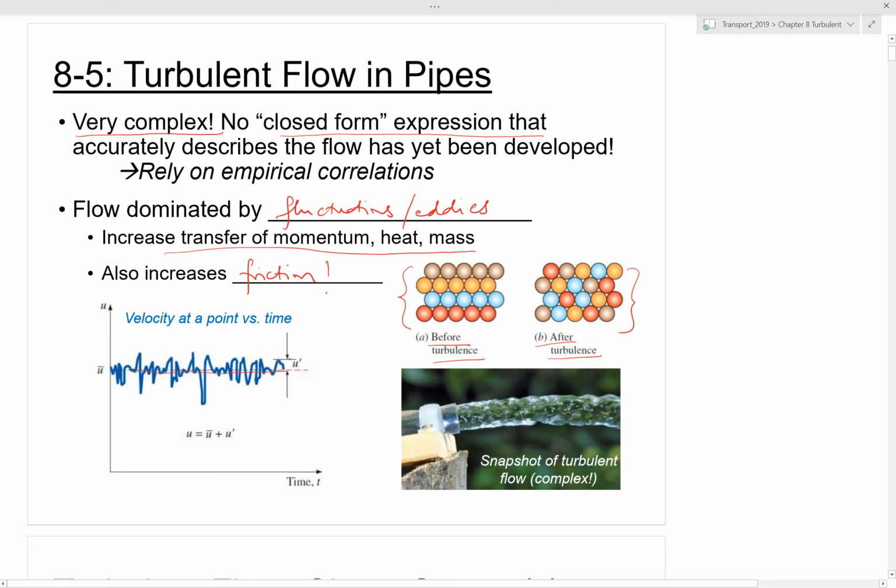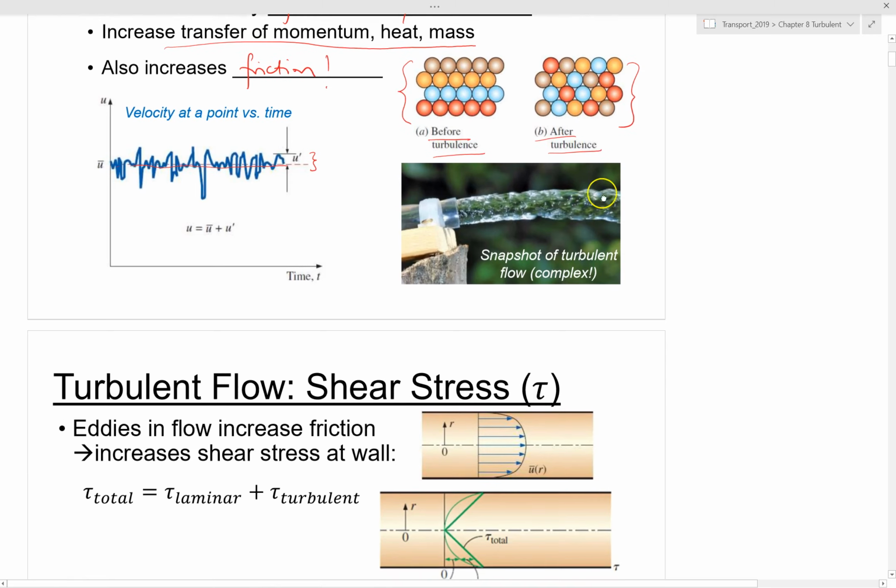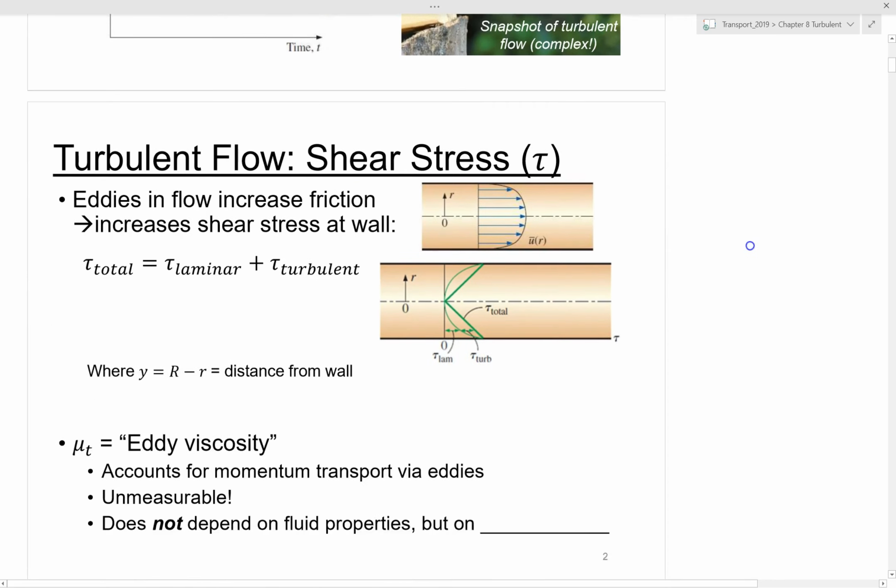Actually, this is a pretty good picture. It is like our heart rate probably fluctuating, but that's why you take the mean value and the standard deviation. So this is like a snapshot of a turbulent flow. You can see the chaos inside of it. It's pretty complex.